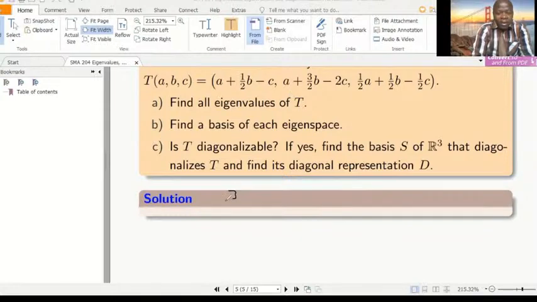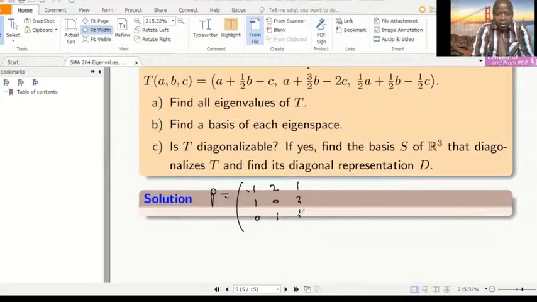The first eigenvector was 1, 1, then negative 1, 1, 0. Then we had 2, 0, 1. And then we had 1, 2, 1.